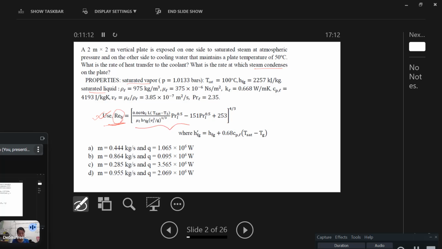This is the formula given here, and there is a term h'fg, the corrected latent heat.